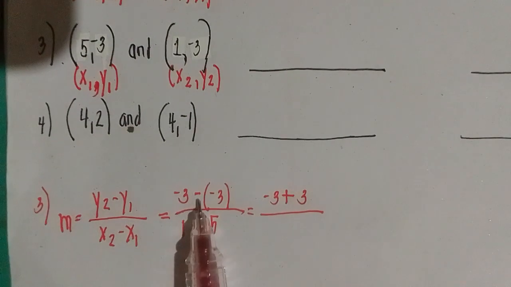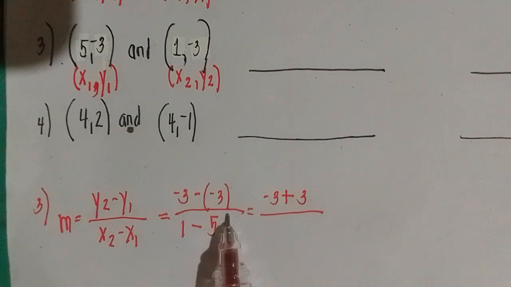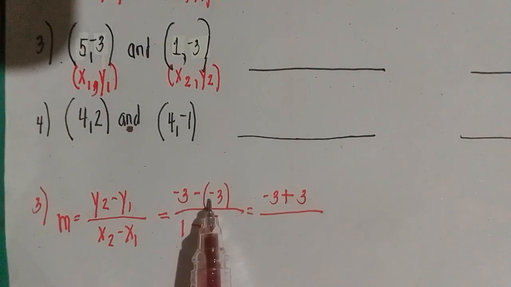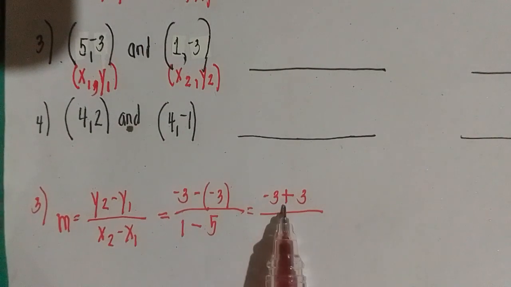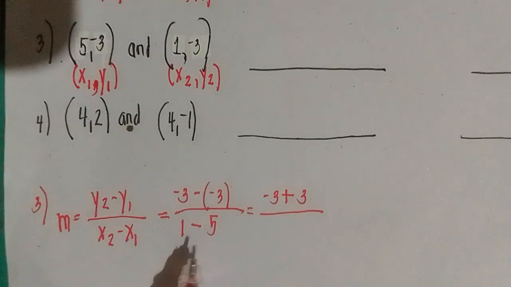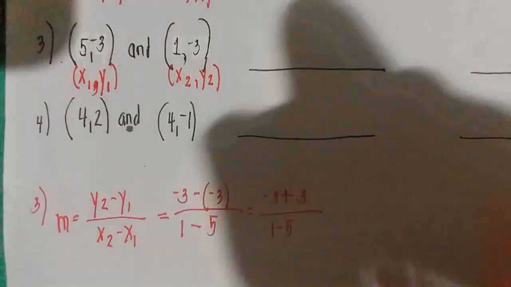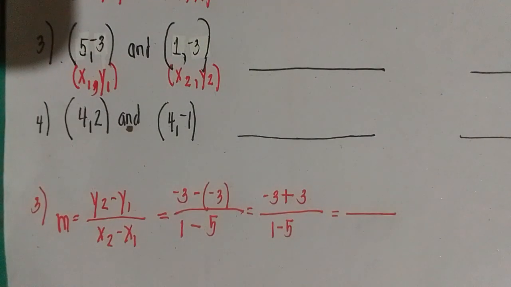Again, to remove the parenthesis, we have to multiply the two negative signs. Multiplying the same sign will become positive. Negative times negative is positive. In the denominator, we just copy or rewrite. And then, we can now proceed in combining the terms in the numerator and denominator.